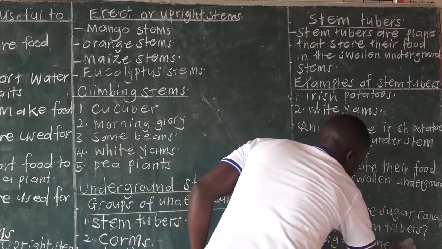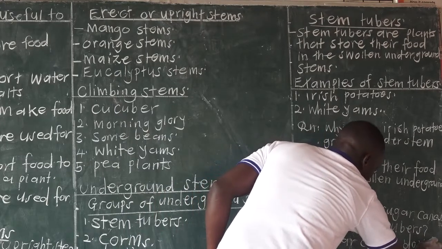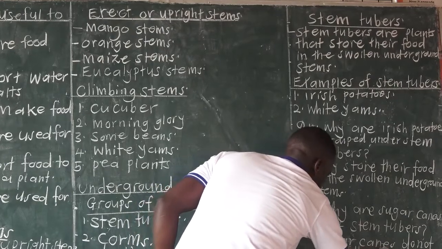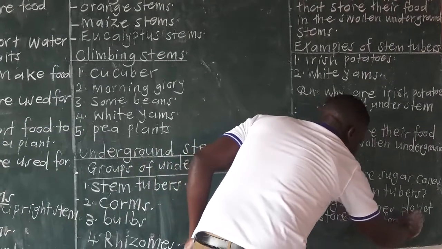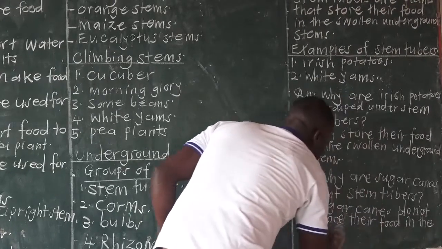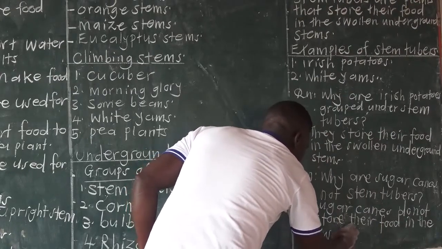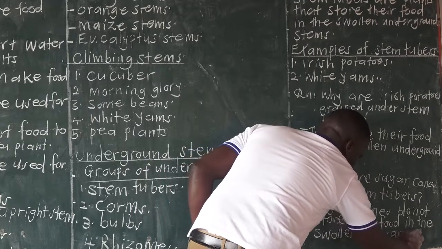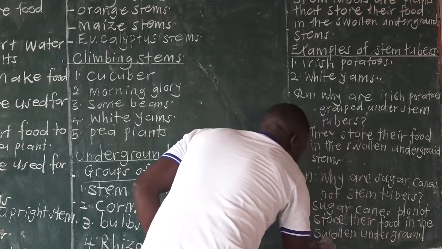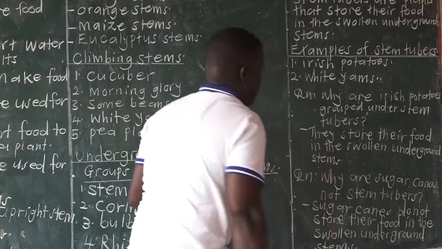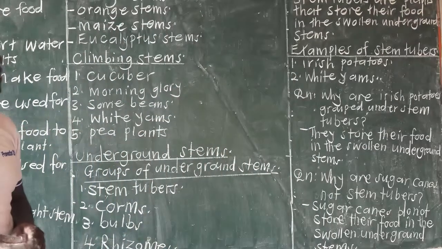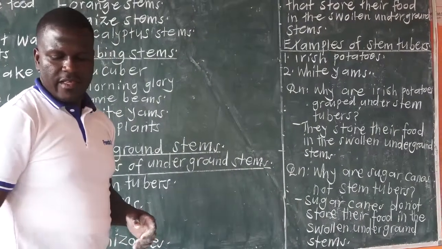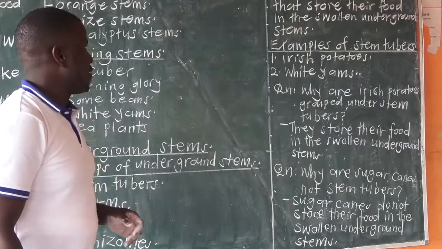That's why sugarcanes are not referred to as stem tubers.